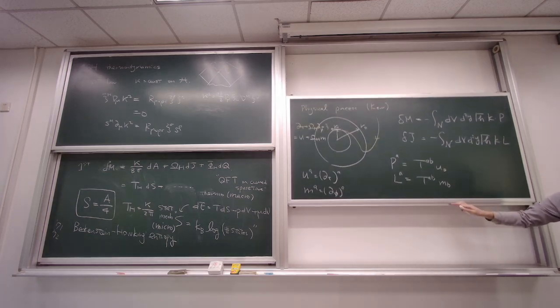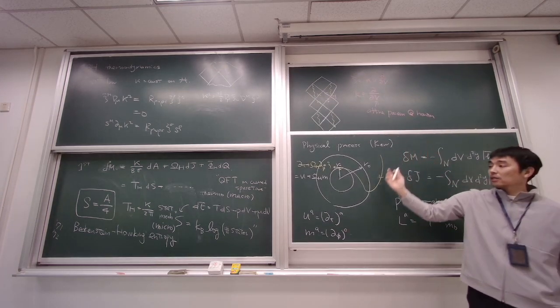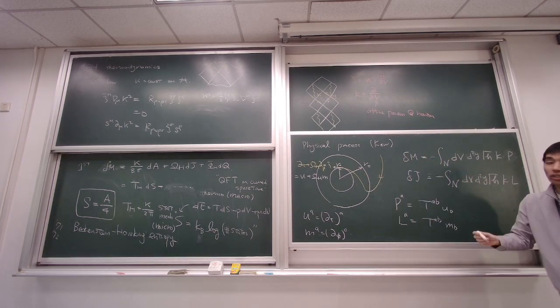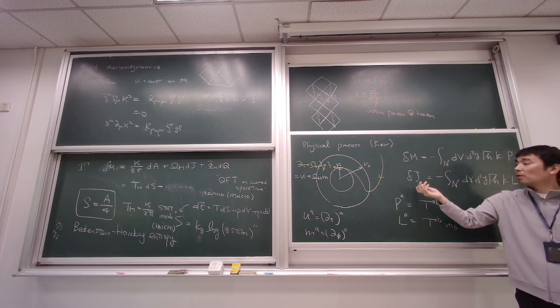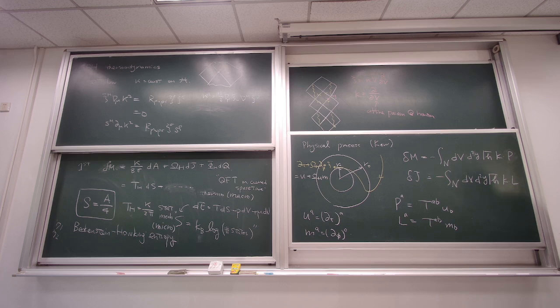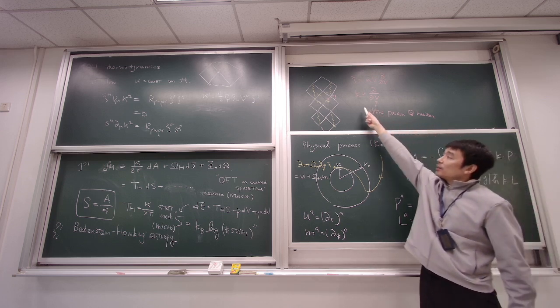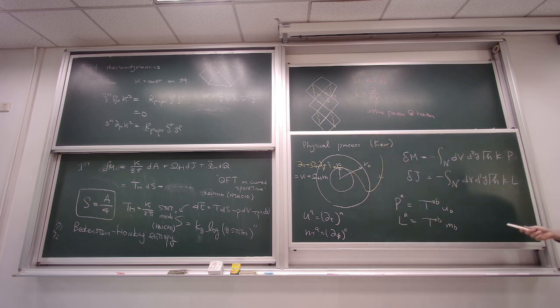And then we derive the change. So once you throw this matter into the black hole, the change of mass and the change of angular momentum is just given by the product with this K here, and the energy vector and the angular vector of the matter. So that's what we did, and then we did some manipulation.